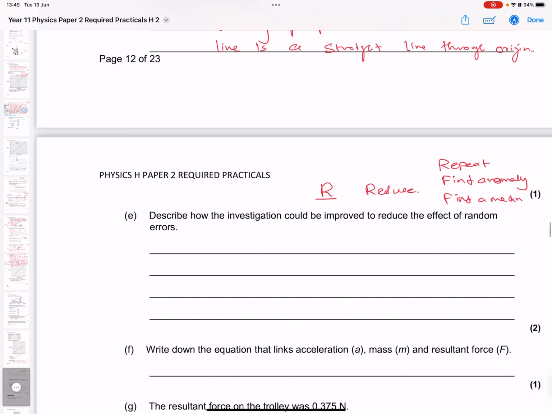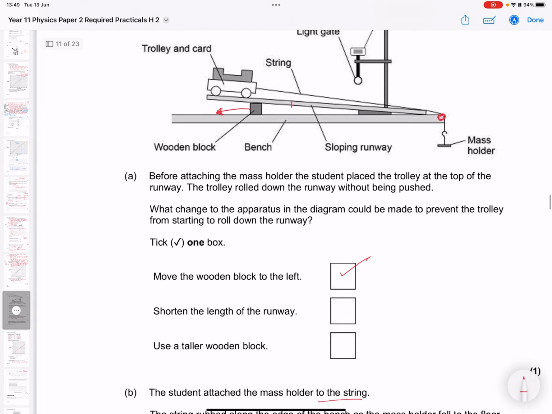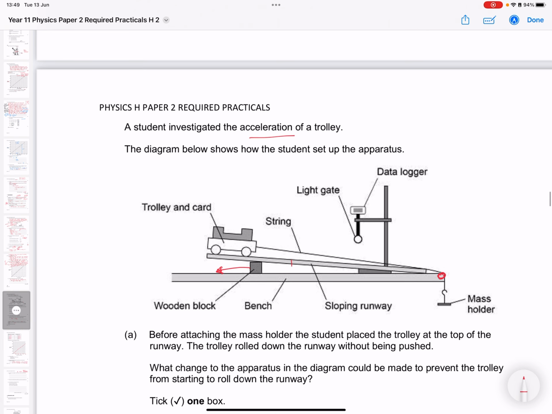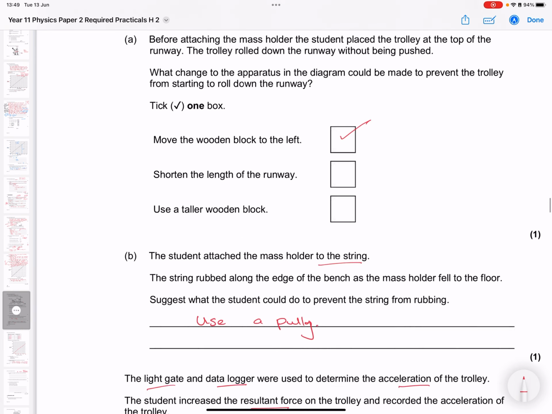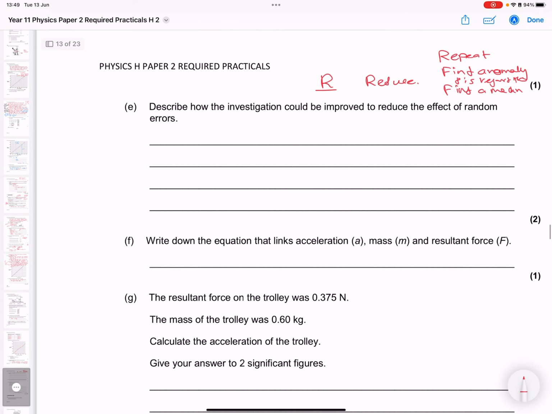And you need to say avoid the anomaly in the mean calculation, or identify the anomaly and disregard the anomaly.